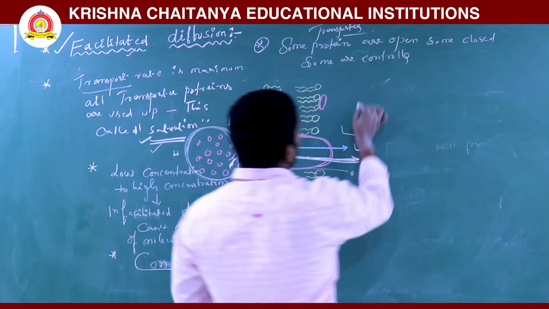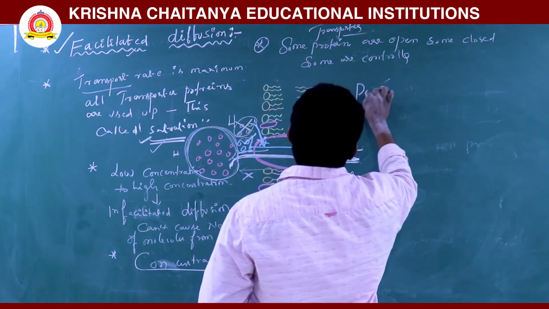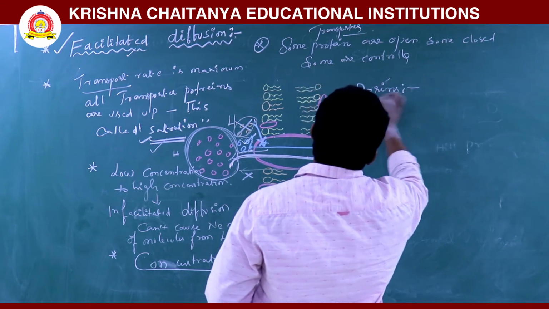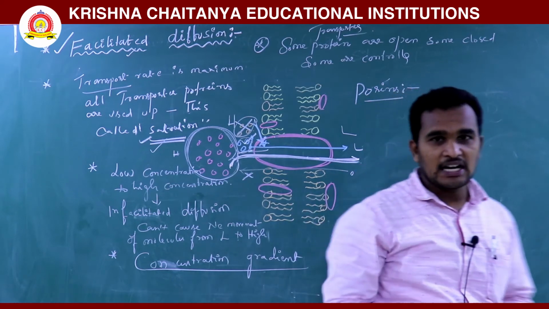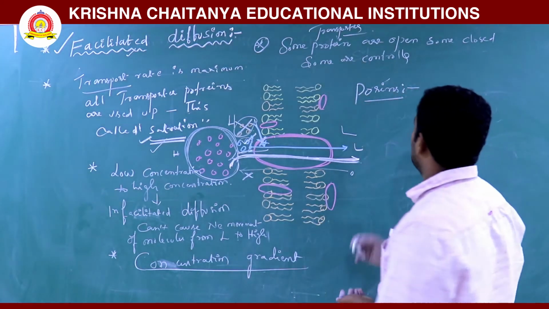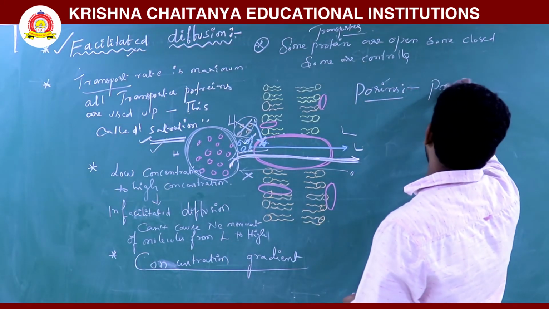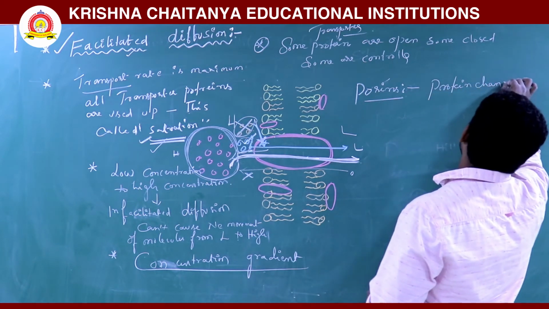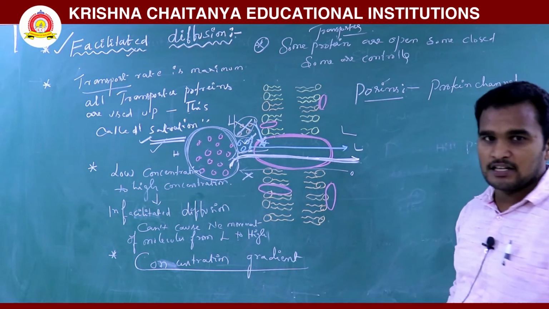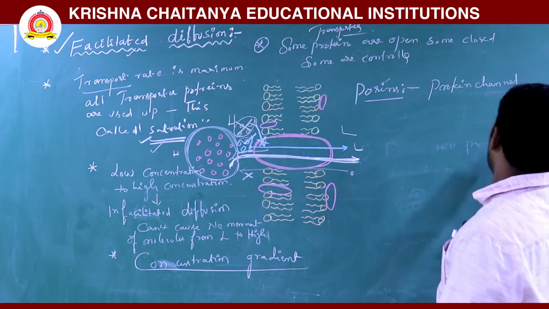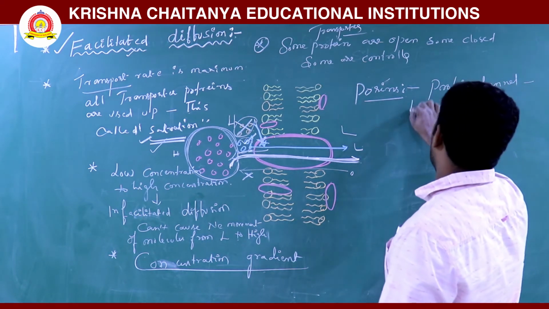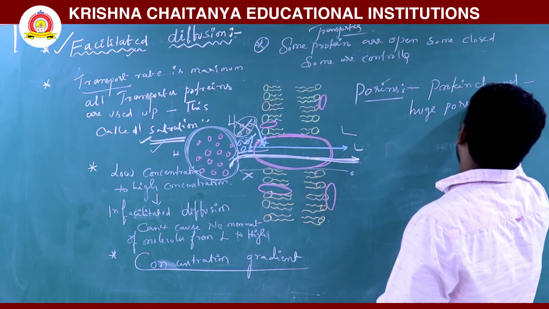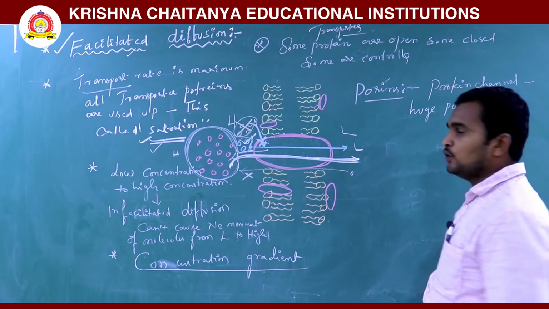Next one, what are porins? Porins are nothing but protein channels. What are the protein channels having? Huge pores. Protein channels with huge pores.